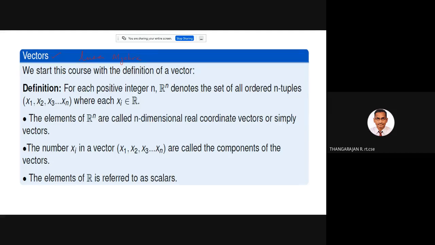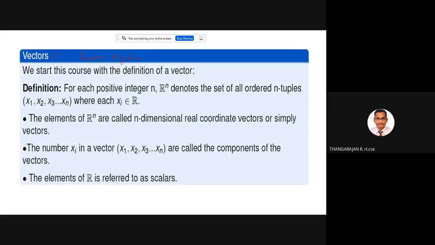Our data is actually represented in the form of vectors. If you take natural language processing, we represent words as vectors. The only thing is how you are going to represent the entities in natural language processing or images as vectors, as a mathematical tool.